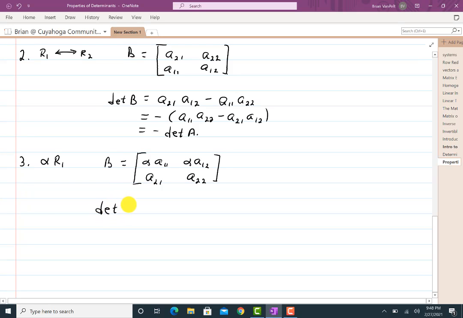Once again, we'll do the cross multiplying to get the determinant of B. So I'll have alpha A11 times A22 minus A21 times alpha A12. Let me pull out the alpha that is common to both pieces.